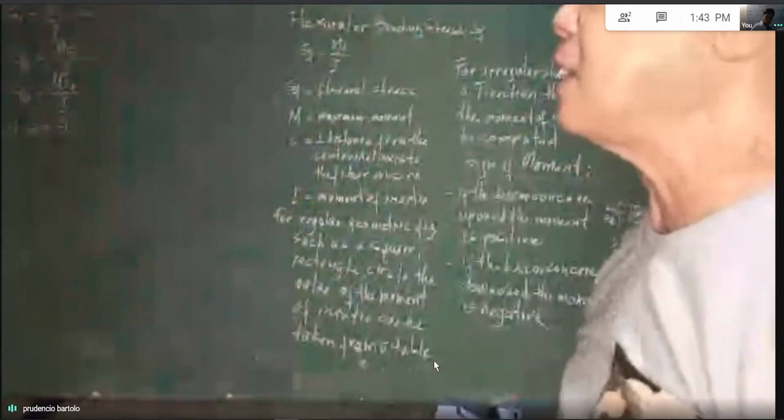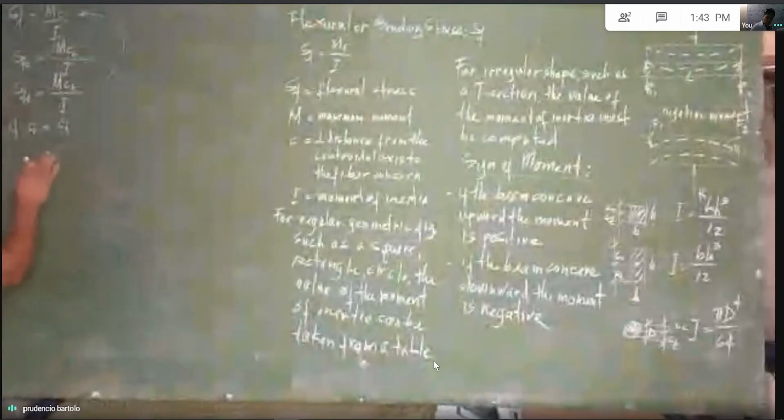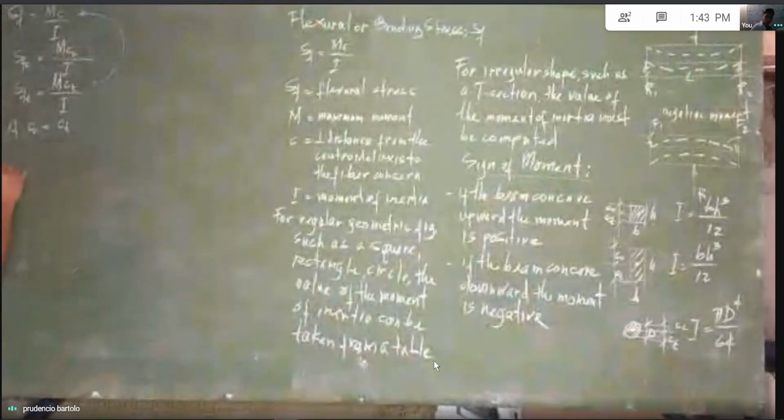Now, the significance of C under compression or C under tension will be seen if we are going to have an irregular cross section.